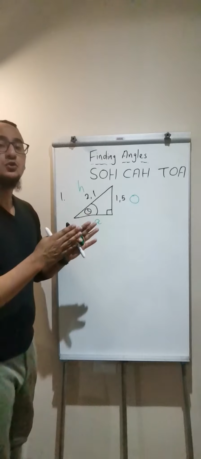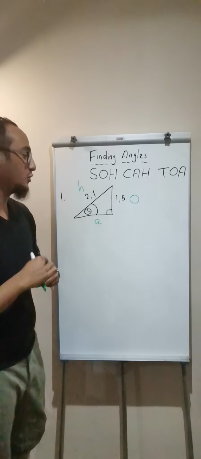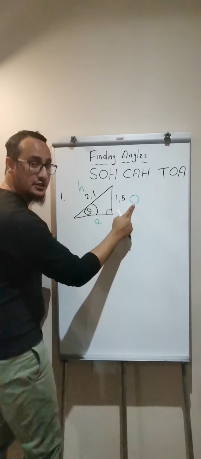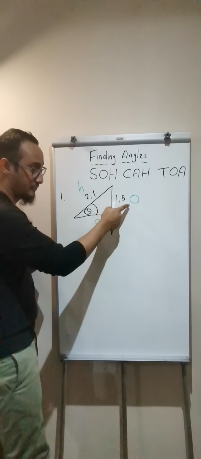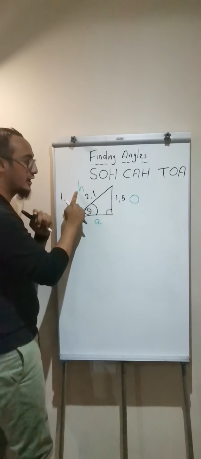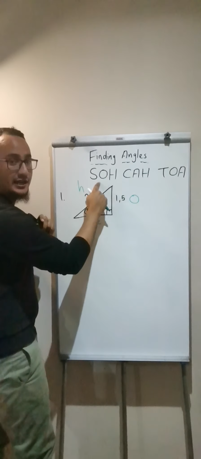Now look at what I have, and I choose a trigonometric ratio. I have opposite, I have a hypotenuse. Which trig ratio has an opposite and a hypotenuse? That will be sine.